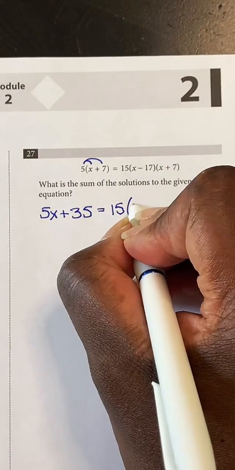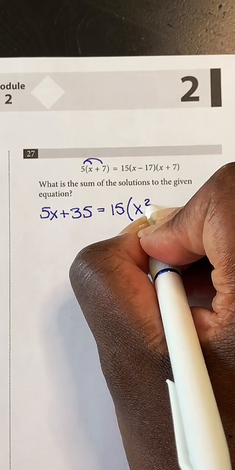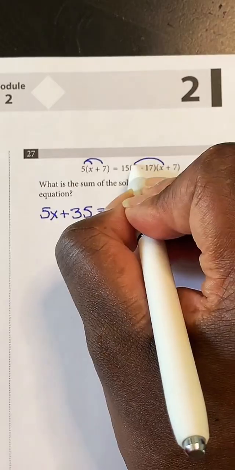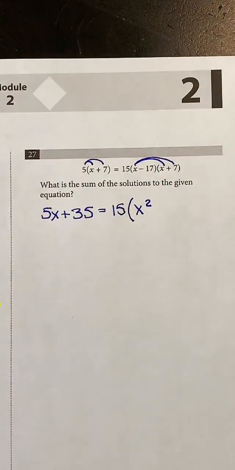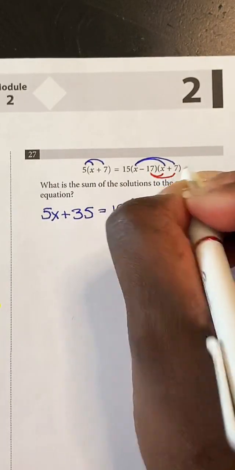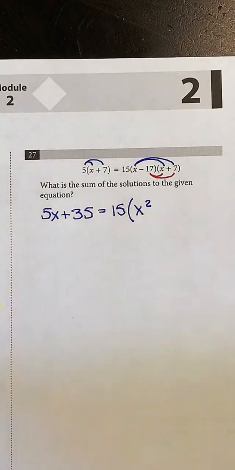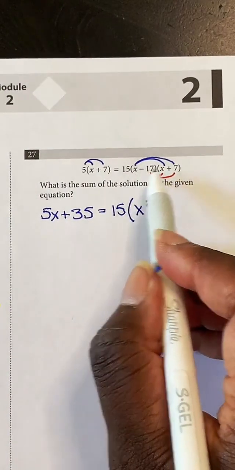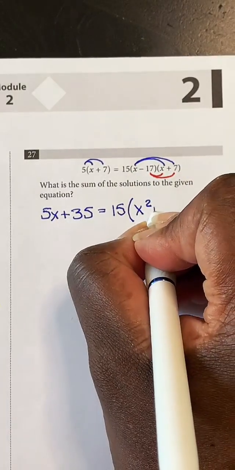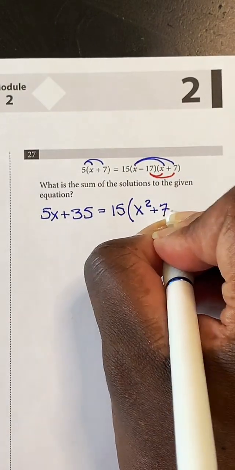X times x gives me x squared. So I'm distributing this x to everything inside of its parenthesis. Then I'm going to distribute the negative 17 to everything inside of its parentheses. So x times x gives me x squared. X times 7, that gives me a positive 7x.